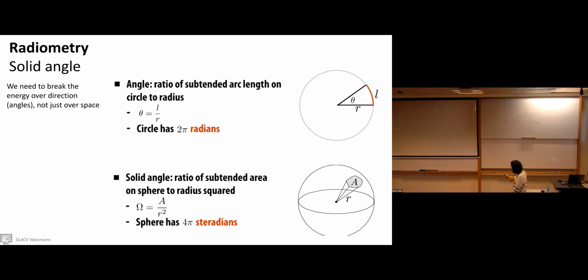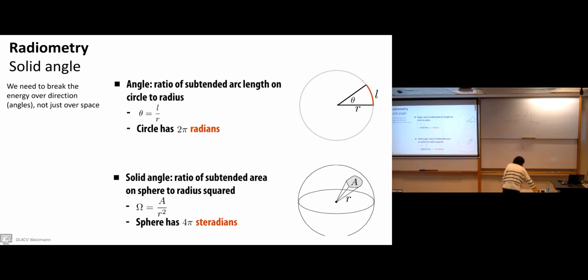So if I have some angle here, this is the solid angle, and it's subtended by this area. Then the unit, steradian, is going to be A divided by R squared. And since the area of a sphere is 4 pi R squared, and we divide by R squared, then we are going to have 4 pi steradian in a sphere.